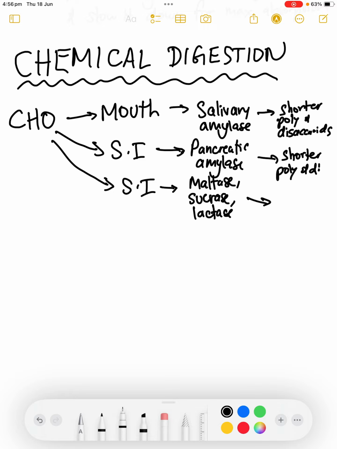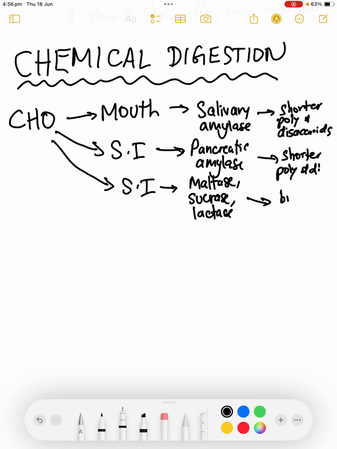But what's happening here in the small intestines: maltase, sucrase, lactase. Lactase breaks down lactose into the two monosaccharide units. Sucrase breaks down sucrose into the two monosaccharide units. Maltase breaks down maltose into the two monosaccharide units, which is just glucose and glucose.